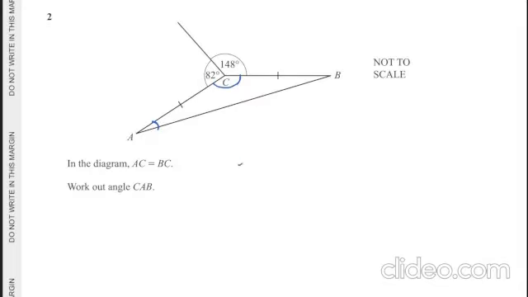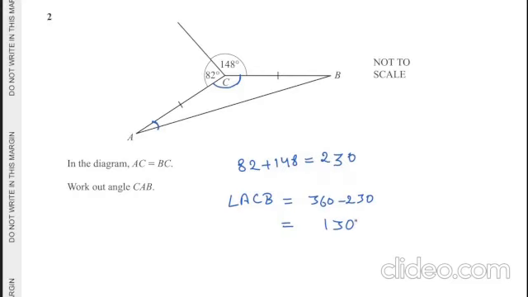So first we will add up these two angles, 82 and 148, which will give us 230, right? And then to calculate the angle ACB, we will subtract 230 from 360, right? Now you can see this will be 130 degrees. So this angle is 130.